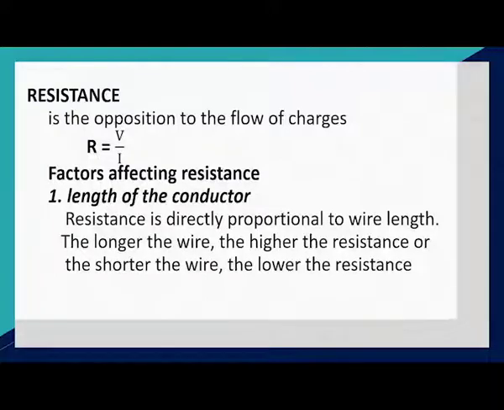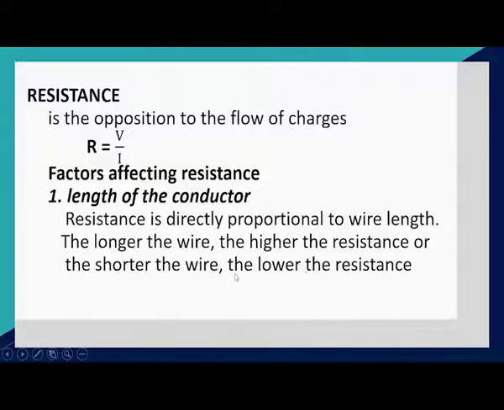For example, the first one, length of the conductor. How does it affect the resistance of that conductor? Resistance is directly proportional to the length of the wire. That means the longer the wire, the higher the resistance, or the shorter the wire, the lower the resistance.